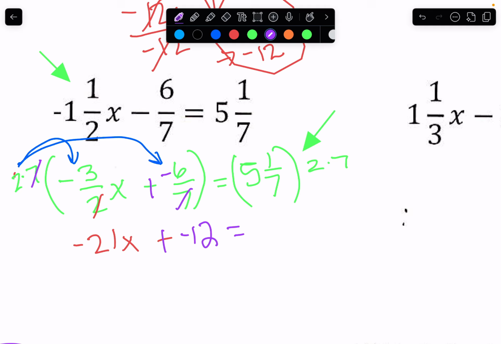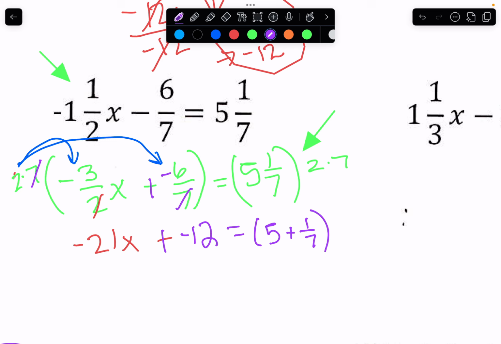All right, usually I have you change them into a mixed number just because it's easier that way. The reason I didn't on this one is my mixed number would be 36 over 7. And 36 times 14 is just really large. So here's what I'm going to do instead. I'm going to show you something else. 5 plus 1/7. That's 5 1/7, correct? Yes, it is.